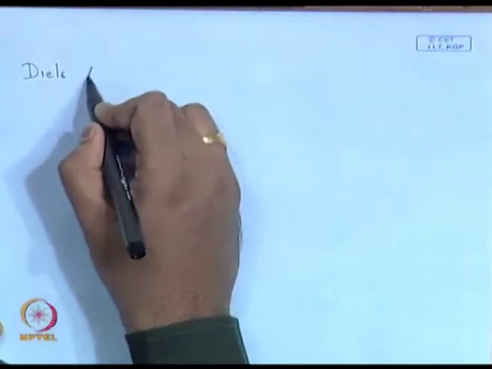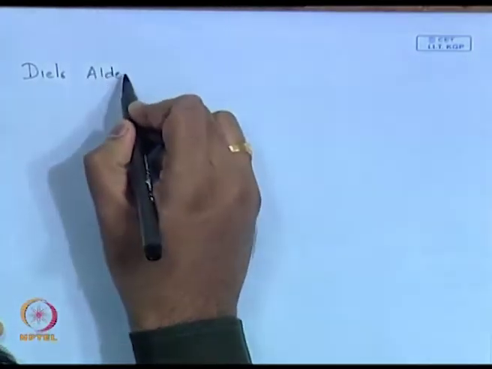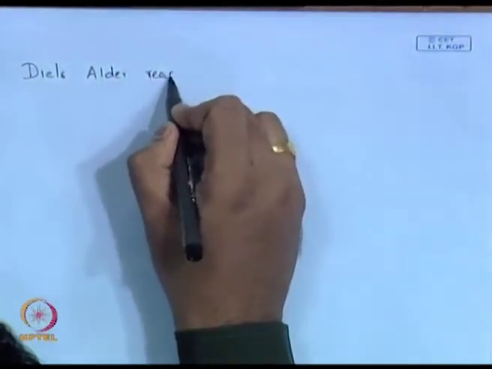Now we will concentrate on 4+2 cycloaddition reactions. The first reaction that comes to mind for 4+2 cycloaddition is the famous Diels-Alder reaction, so that is what we are going to concentrate on in this class. So this is your Diels-Alder reaction.